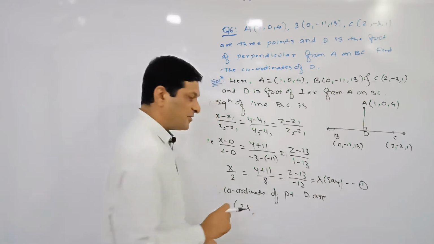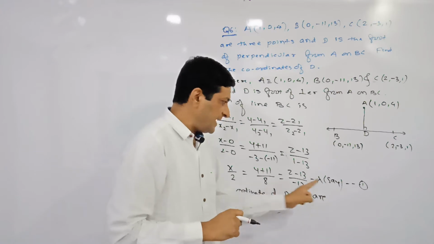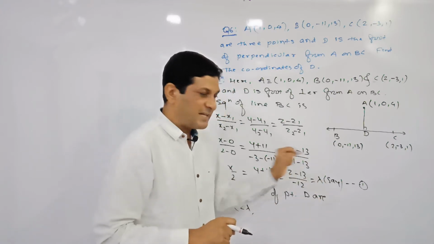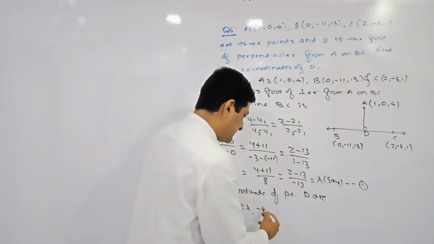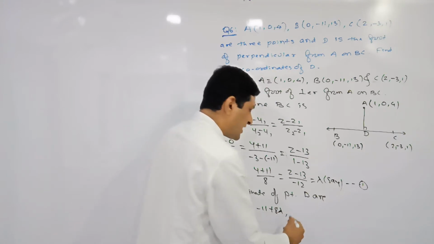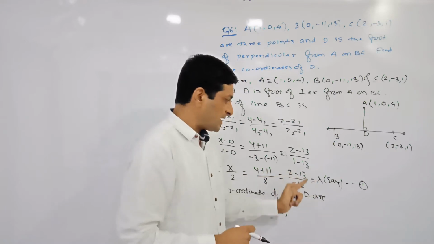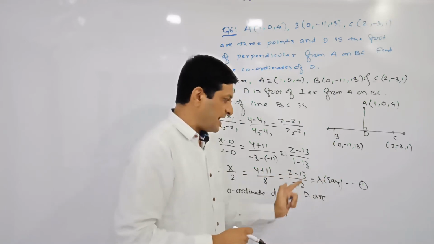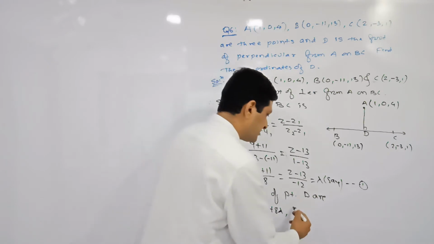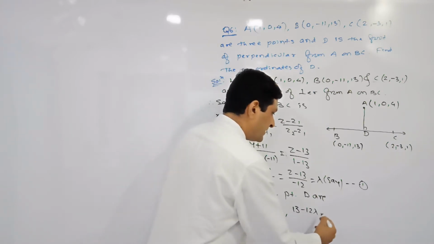Let us find the value of the y coordinate. 8 gets multiplied on this side, so 8 lambda, and plus 11 becomes minus 11, so minus 11 plus 8 lambda. And lastly let us find the value of the z coordinate. Considering that these values are equal, we will get minus 12 lambda, and minus 13 becomes plus 13, so 13 minus 12 lambda.